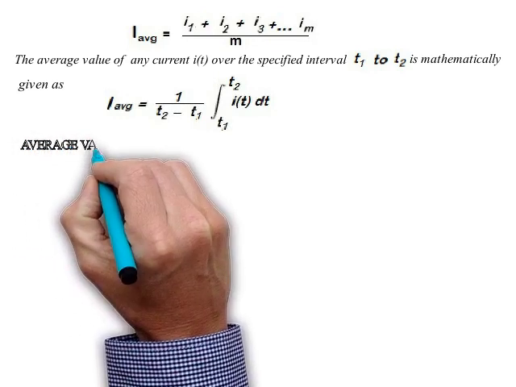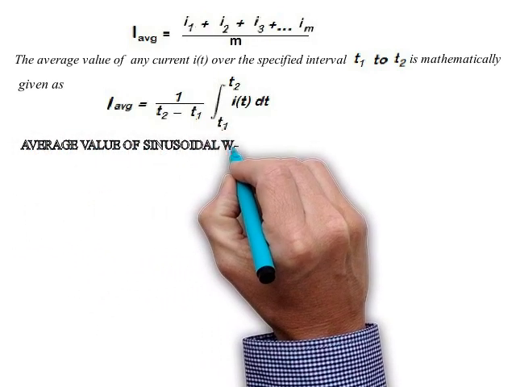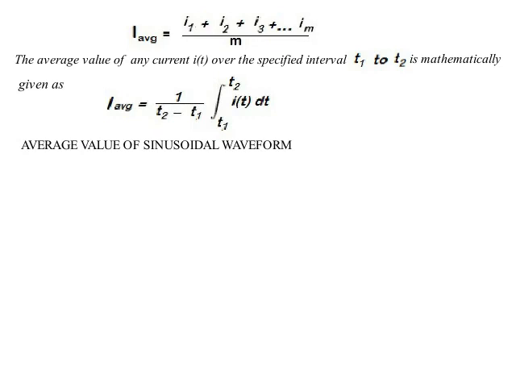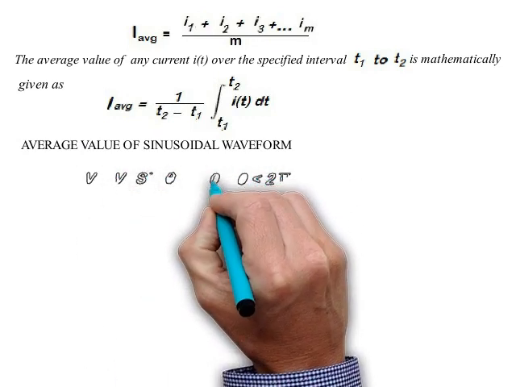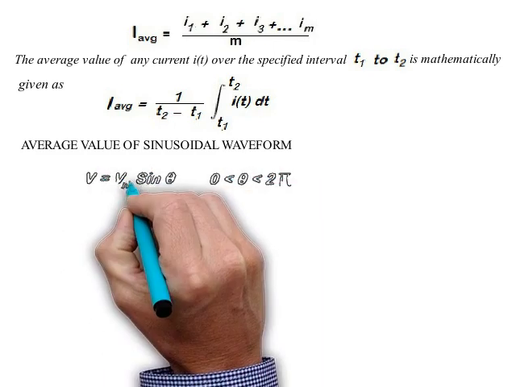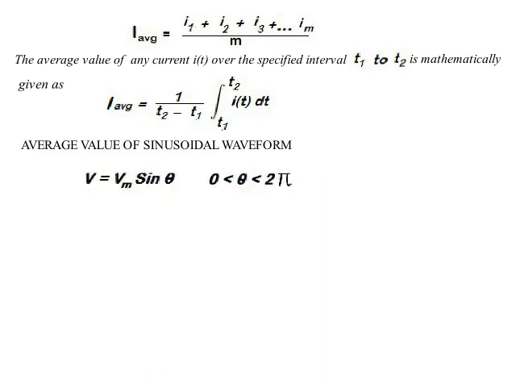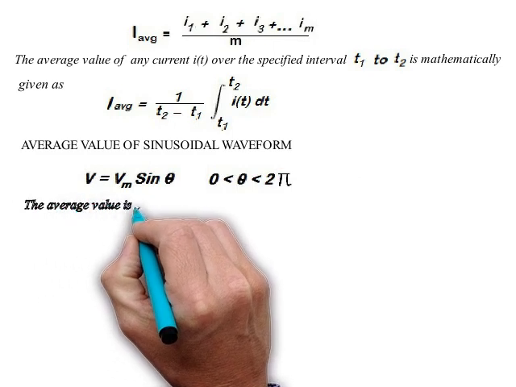So average value of a sinusoidal waveform. Let us take V is equal to Vm sin theta, where theta is between 0 to 2 pi. The average value is calculated over a half cycle.